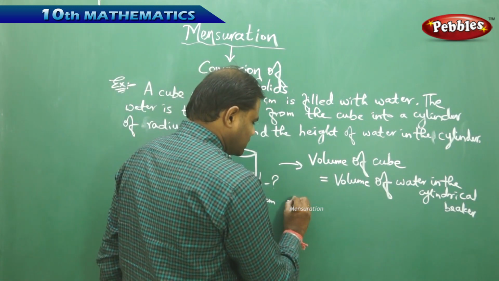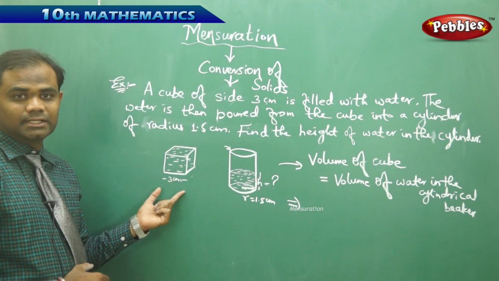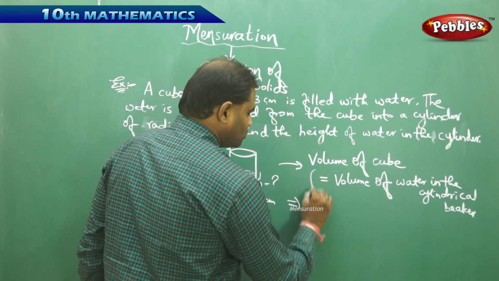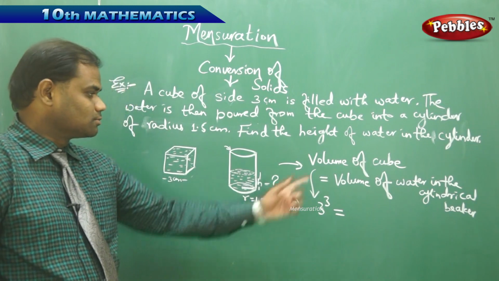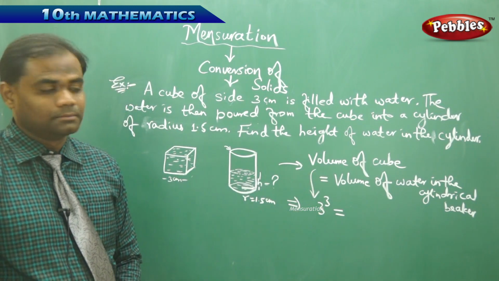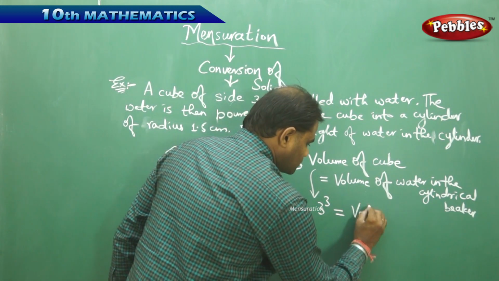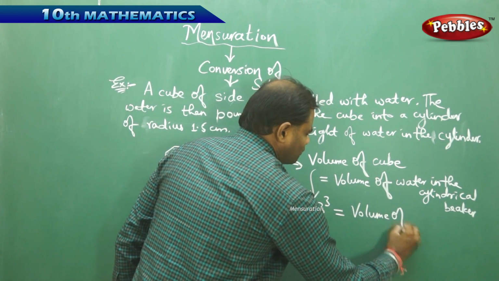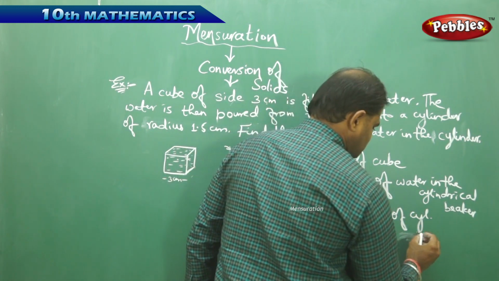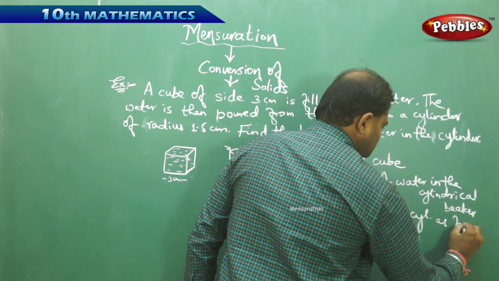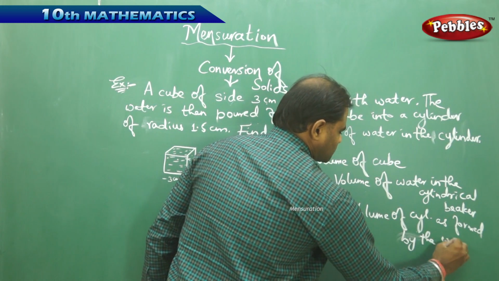Now here, the volume of cube we all know is side cube, but because the side is 3 centimeters, the volume of cube is 3 cube, when we substitute into the formula for volume, side cube. Similarly, the volume of water in the cylindrical beaker is nothing but the volume of cylinder as formed by the water.